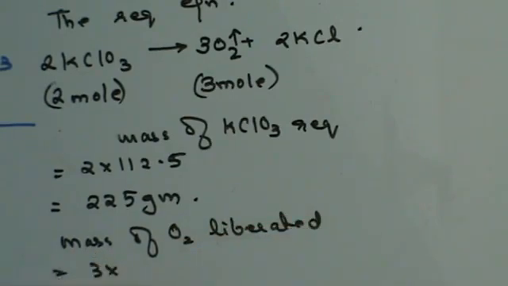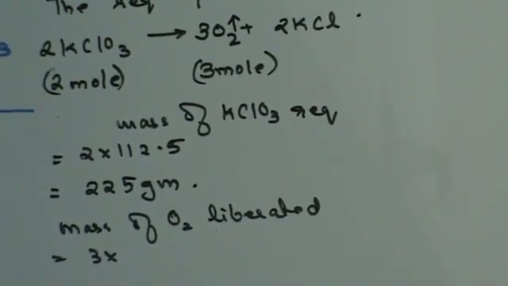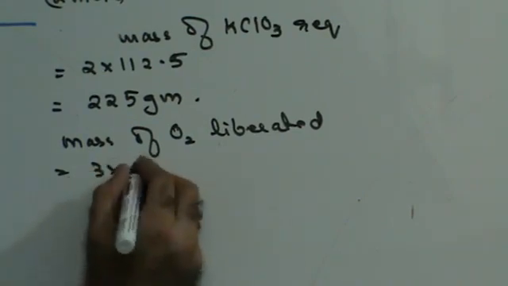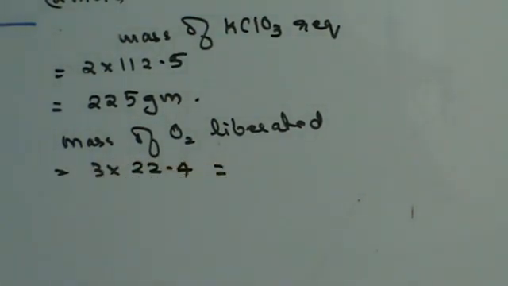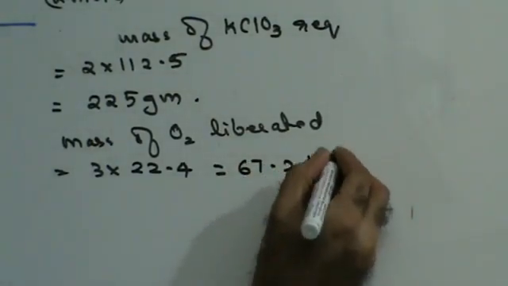3 moles are liberated. You are supposed to know that 1 mole of any gas occupies 22.4 decimeter cube. That means if 3 moles are liberated, they will occupy about 67.2 decimeter cube.